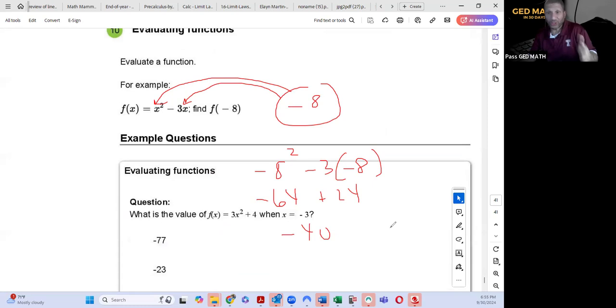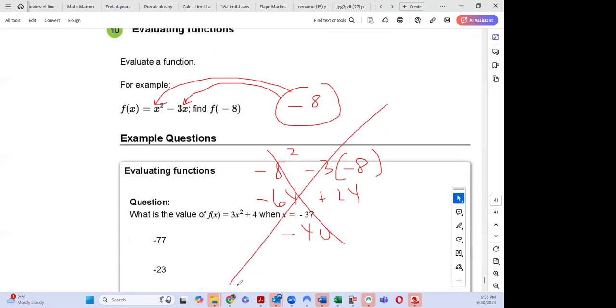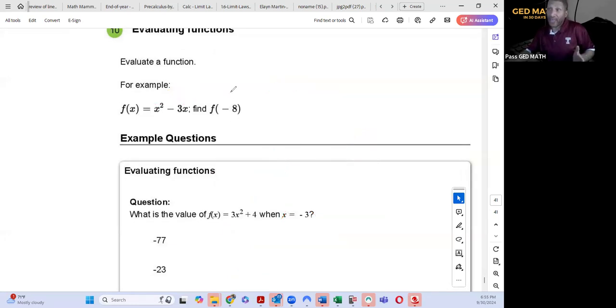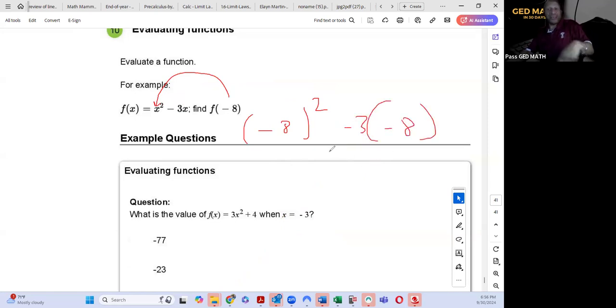That is wrong. That's why they tell you to evaluate with a negative almost every time. Put -8 everywhere you see x, but in parentheses: (-8) squared minus 3 times -8. Then -8 times -8 is a positive 64, plus 24 is 88.